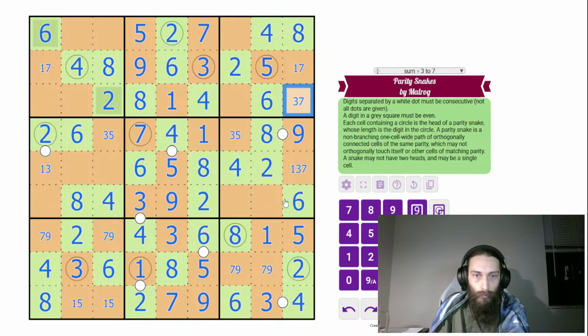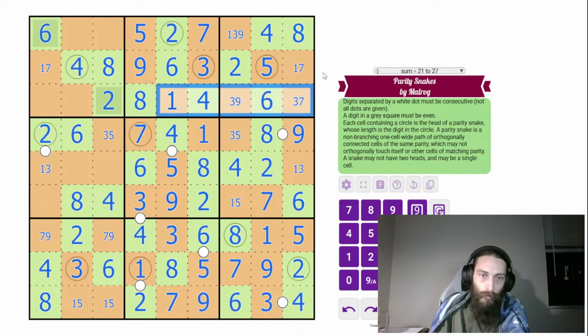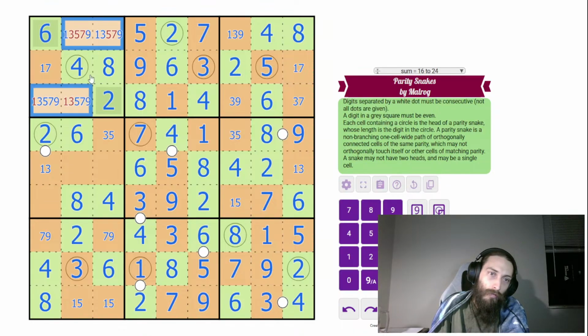1, 3, 7, not a 1 there. 1, 3, 5 and 7. 1, 3 and 5. This is 7. 1, 3, 5 and 9. 5 is in the box already. 1 is there. 5, 9. 5, 7, a 3.